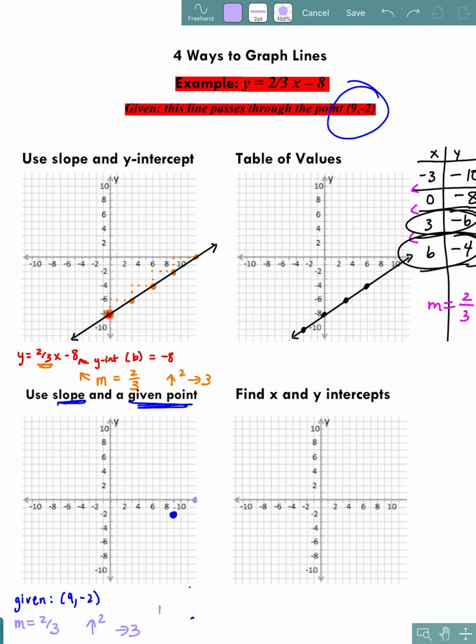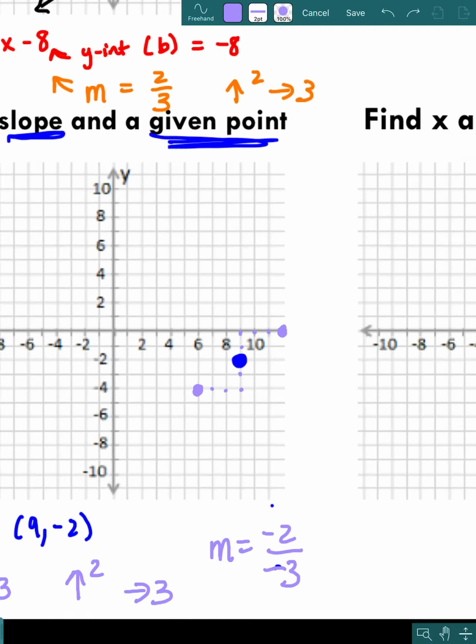If you think about it, we could also write the slope this way. -2 over -3. A negative divided by a negative is a positive. So if we went down 2 and back 3, that's the same thing as going up 2 and over 3. So we could think of it that way.